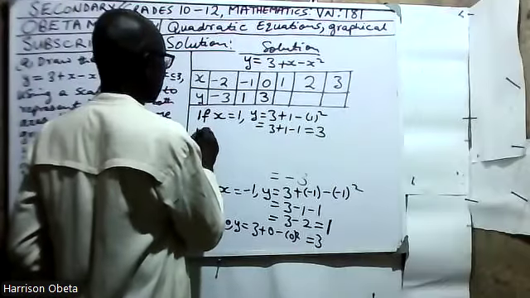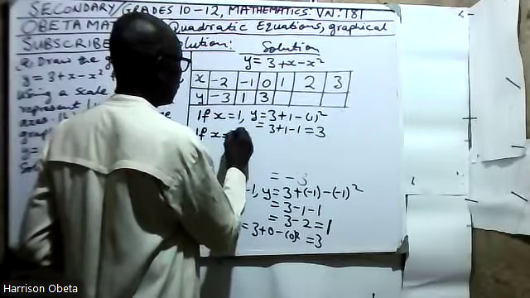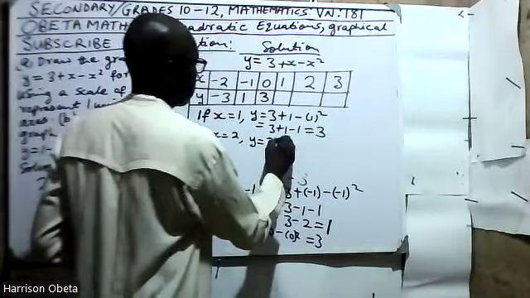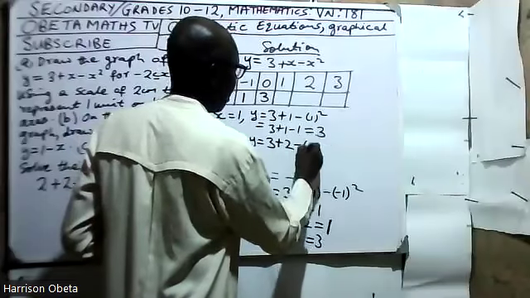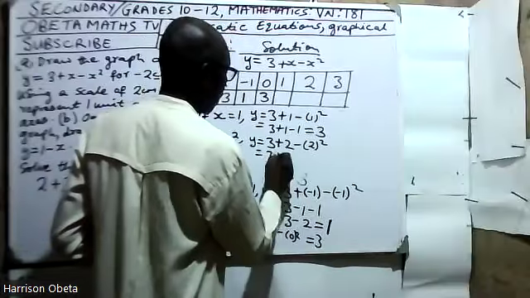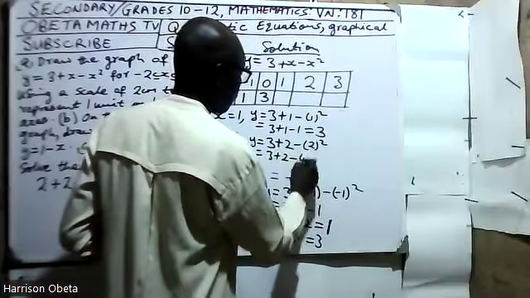So if x is equal to 2, y should be equal to 3 plus 2 minus 2 squared. That will give us 3 plus 2 minus 4.